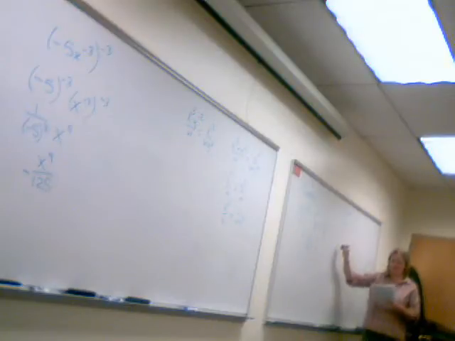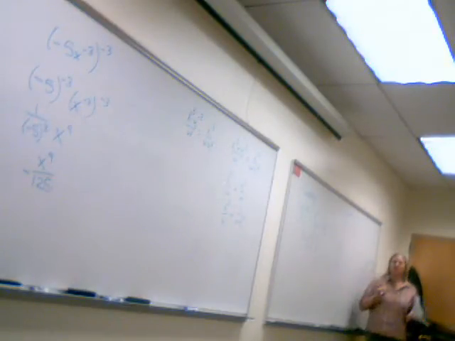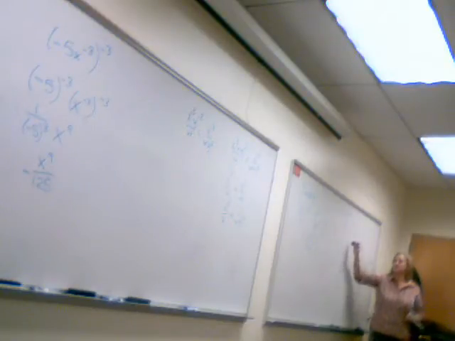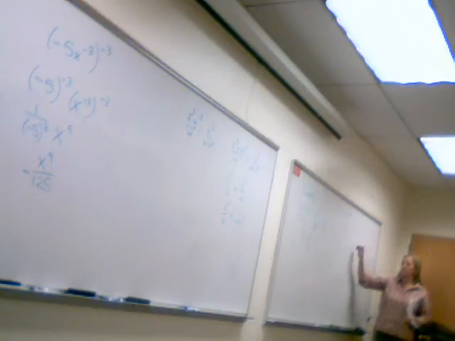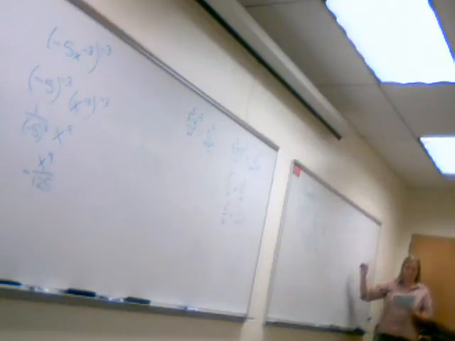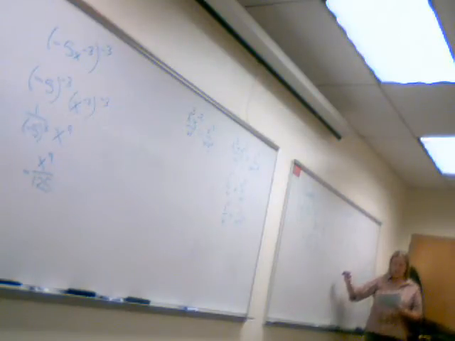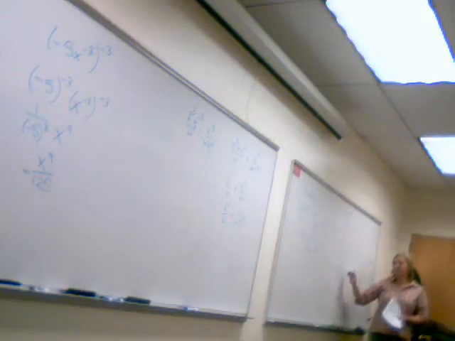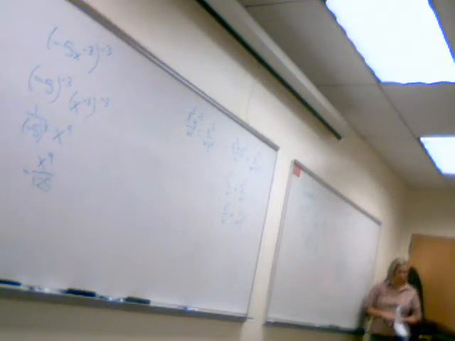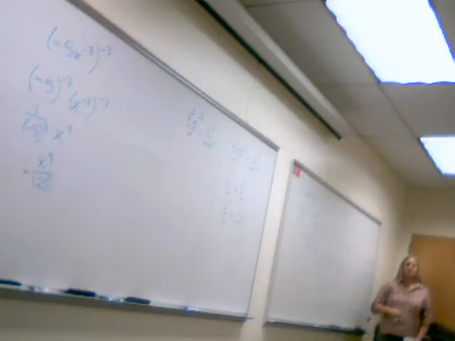So if I had 5/6 to the negative 2, how could I rewrite that? 6/5 squared, which would become 36/25. If I had a cubed b to the 6th to the negative 4, what would I want to do first? Flip it.